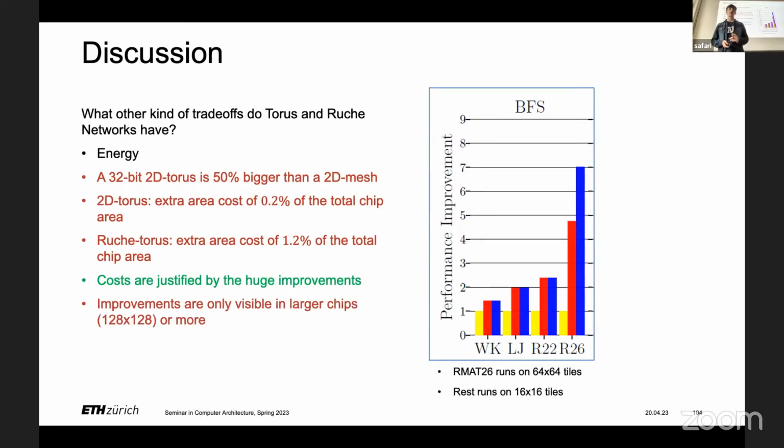In this case, it's because the very last workload, random matrices 26, is simply run on a 64 by 64 processing unit chip, while the rest is going to simply run on a 16 by 16 chip. So what I wanted to say is that these kinds of improvements, the difference between having a Torus instead of having a Torus Rush, are visible only on larger chips and not on the smallest one.